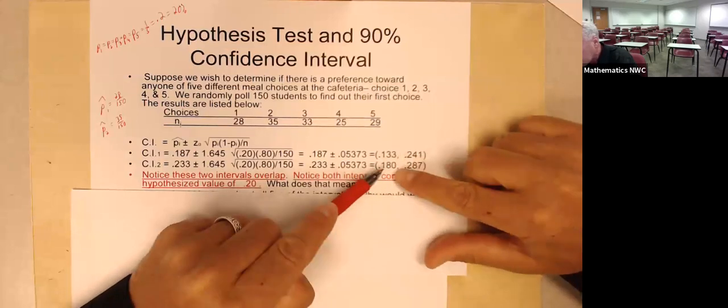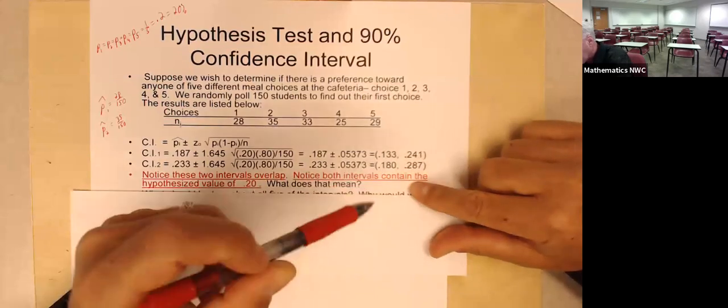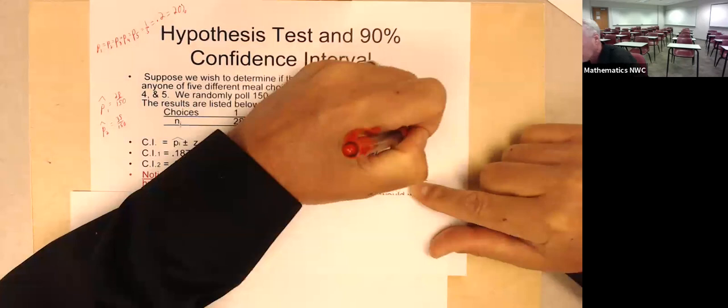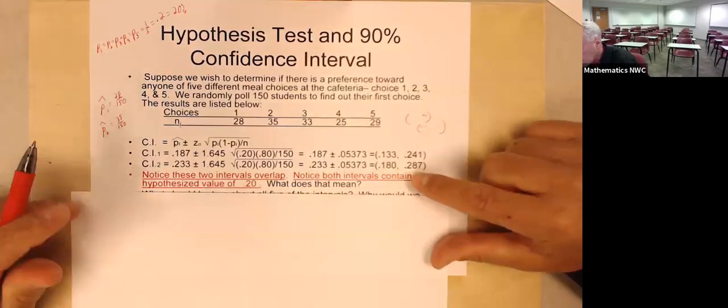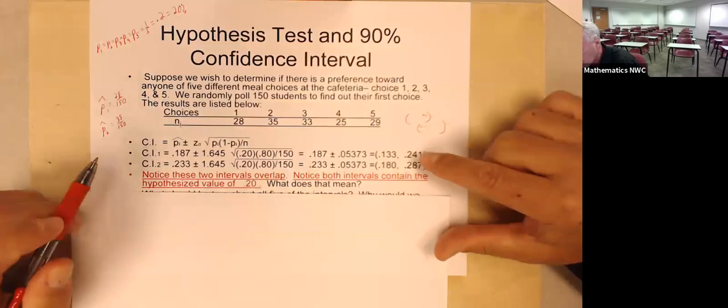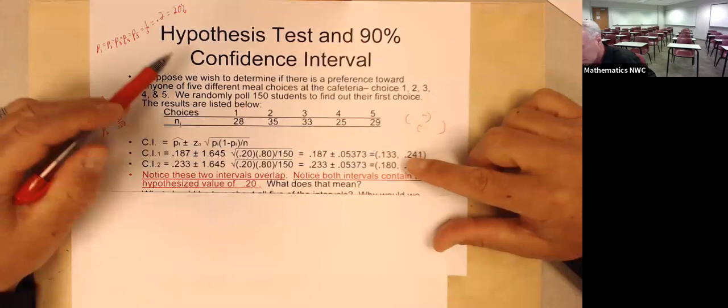These intervals overlap. One is here, the other one includes an overlapped portion. That again means you're not sure which one is greater. That's why we continue to assume they're all at 20%.